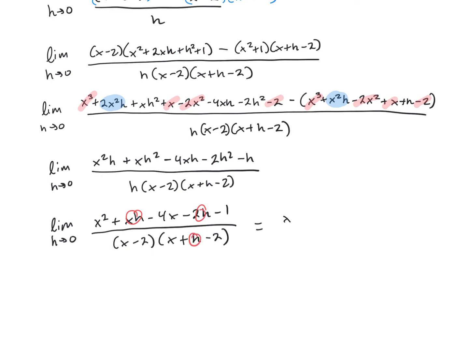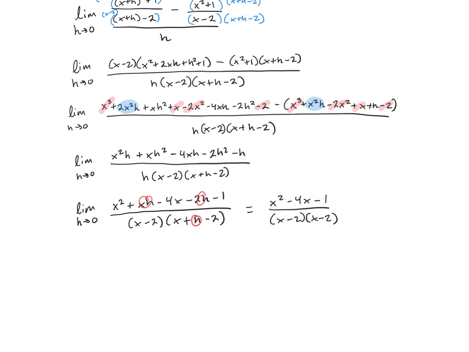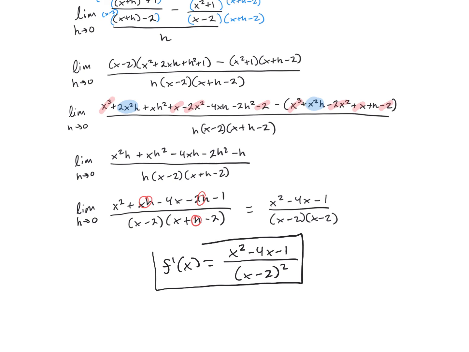So that leaves us with (x squared minus 4x minus 1) over (x minus 2) times (x minus 2). So our derivative, f prime of x, is (x squared minus 4x minus 1) over (x minus 2) squared.